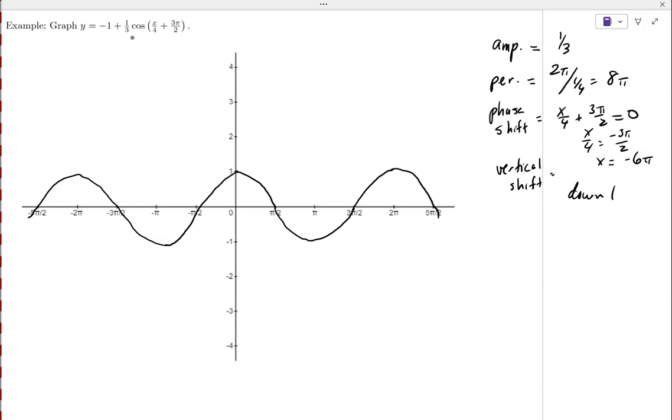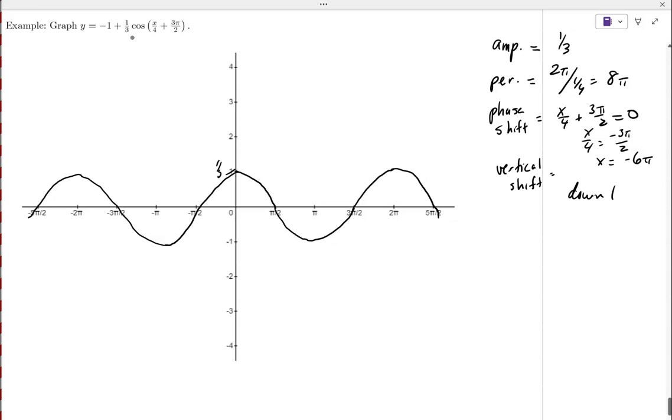For the amplitude, instead of doing 1, 2, 3, 4, what should the numbers go? We'll go up by 1/3. Good. It should be 1/3, 2/3, 3/3, 4/3, right? We're dividing all of them by 3, multiplying all by 1/3.